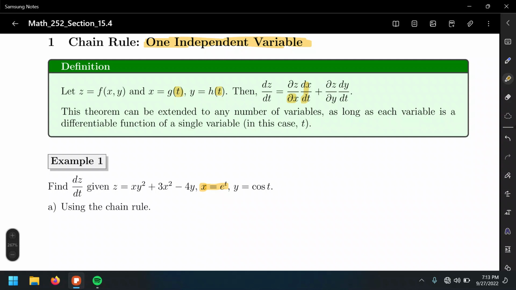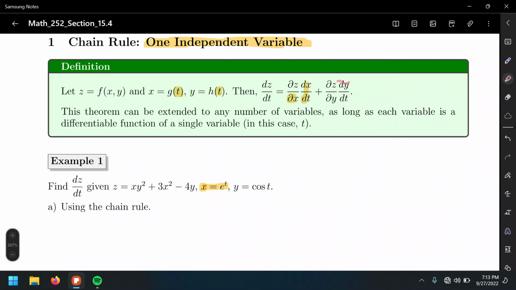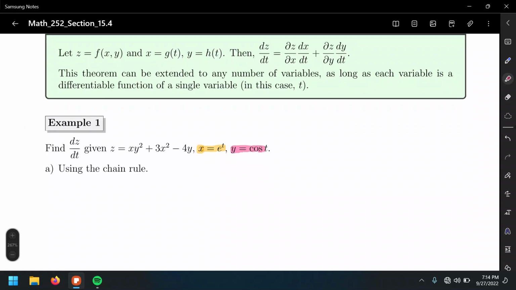We're going to do the same with the partial of z with respect to y, and then multiply by y being differentiated with respect to t. You'll see this in action in a second, and actually there will be two ways of going about this problem. All right, so number one.